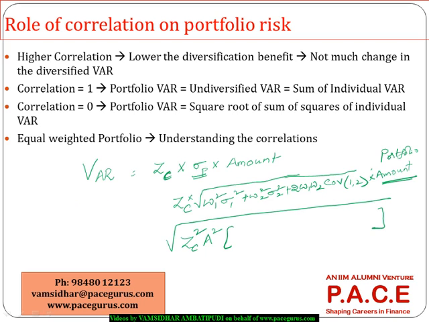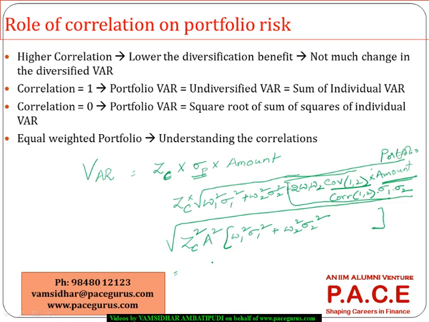Now let's bring in the correlation factor, because covariance is nothing but the correlation between 1 and 2 multiplied by sigma 1 into sigma 2. So assume that the correlation is 0. Then this entire term becomes 0, and all that comes out is W1 squared sigma 1 squared plus W2 squared sigma 2 squared.